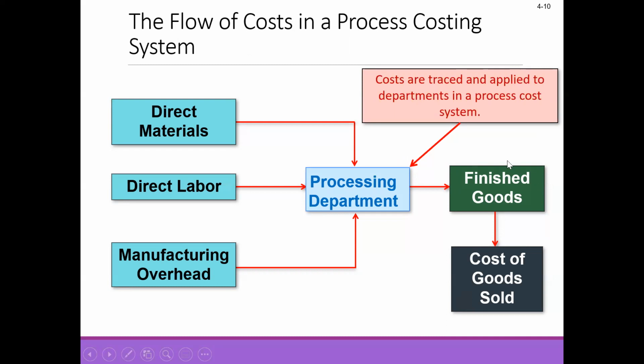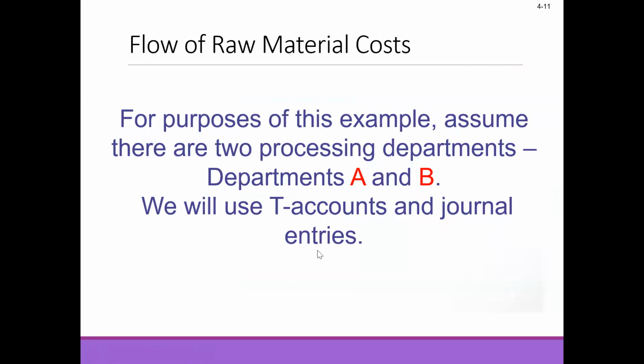The costs are traced and applied to departments in this process cost system. Because some products will continue on to other processing departments, and some will stop after a certain processing department. For purposes of this example we're going to assume there are two processing departments, Department A and Department B.